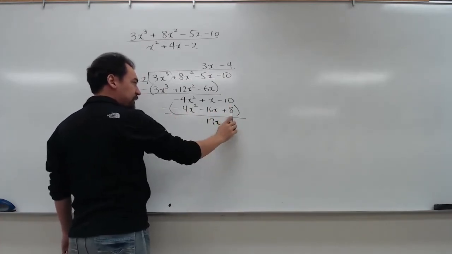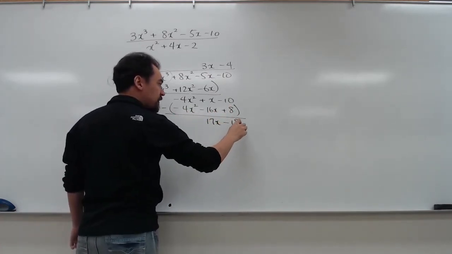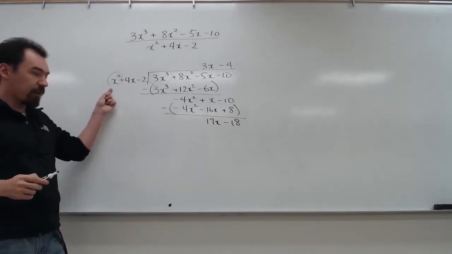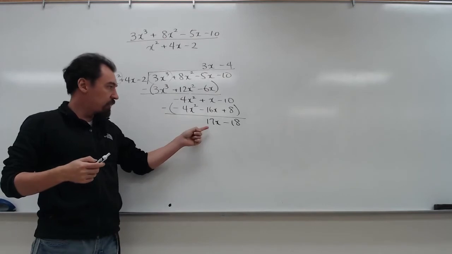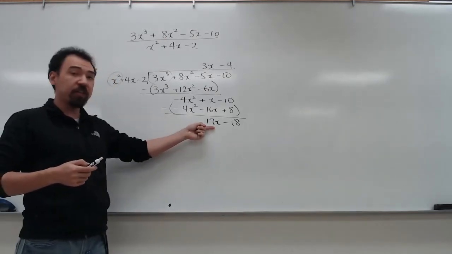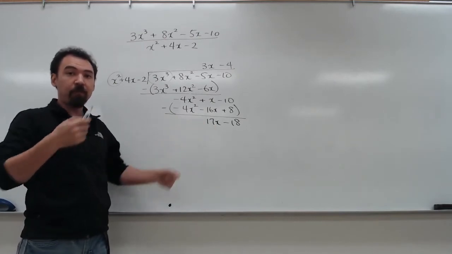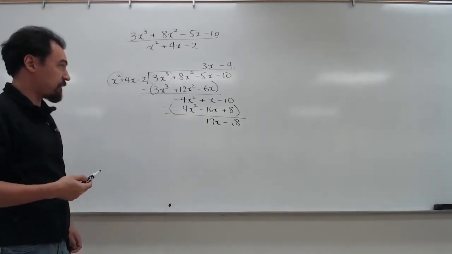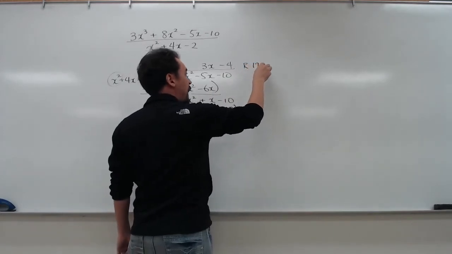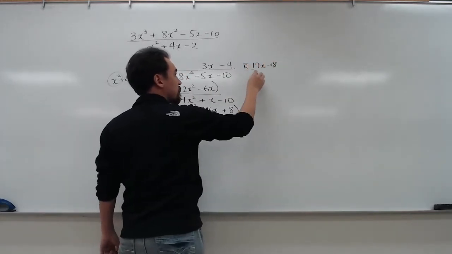Then subtracting 8 means I'll go deeper into the negatives. And then I stop here because x squared, we're saying, cannot go into 17x. I can't take a bigger power and put it into a smaller power. That's part of the rule set that we're using for this process. So we stop and say our remainder is 17x minus 18.